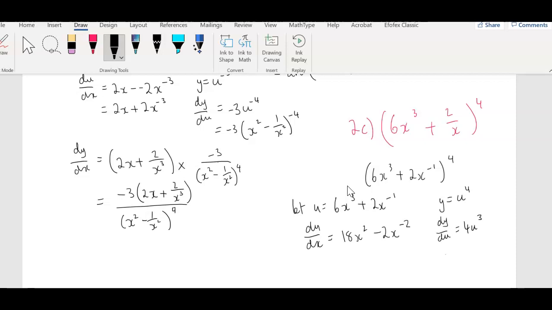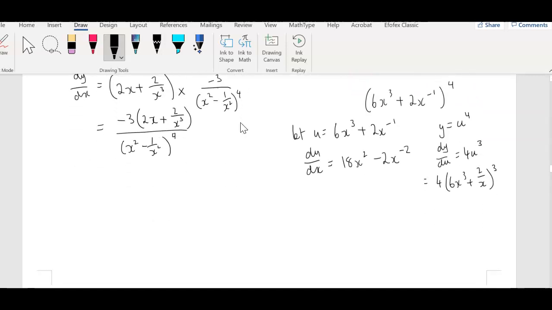Then you can just substitute u back in. So 4 times (6x cubed plus 2 on x), and that's going to be to the power of 3.